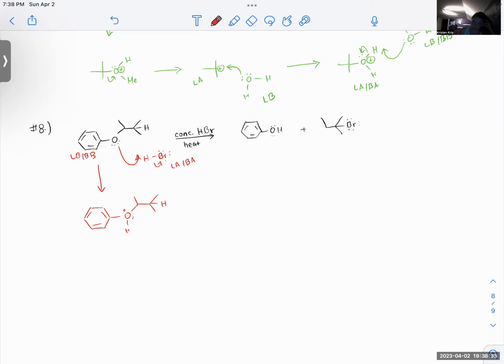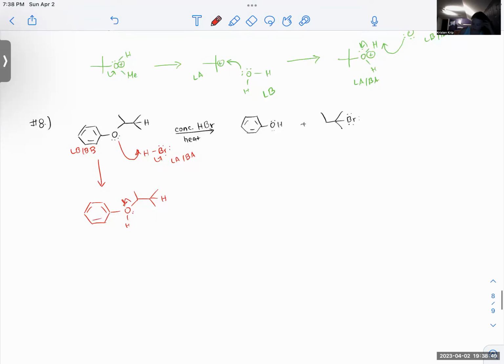And in this case, our oxygen is going to separate, but it's going to leave in this direction. So it's going to keep that phenyl group. So then the phenyl group part will be done, right? Yep. So that's basically done over there. That's what we leave with.